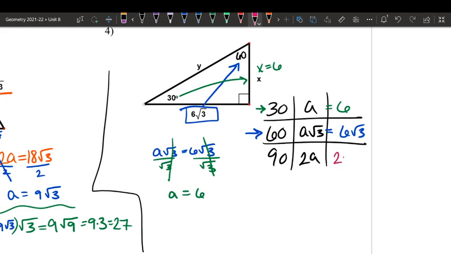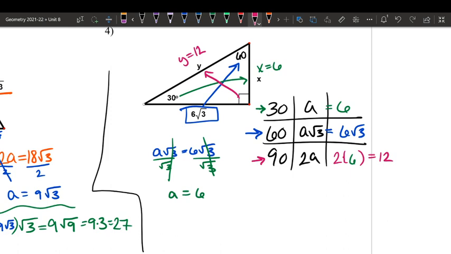So it's going to be 2 times whatever the value of a is, and the value of a is 6. So this is 12. Across from 90, that side, y equals 12.